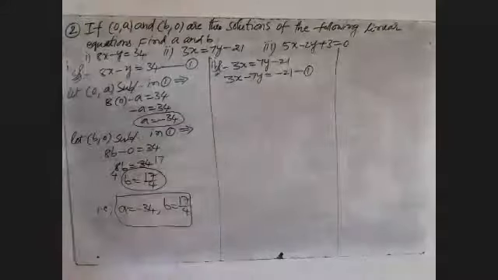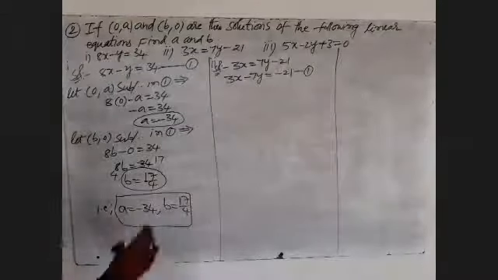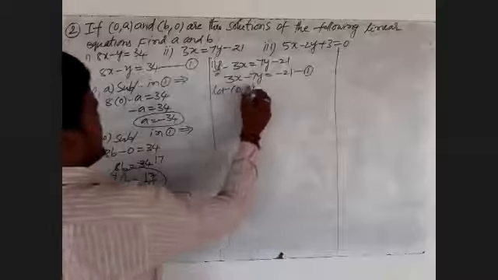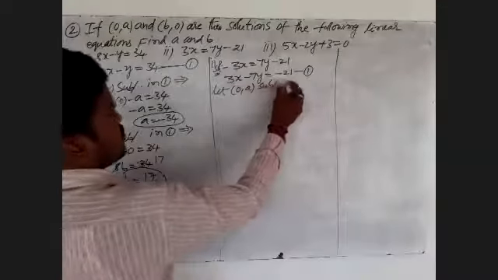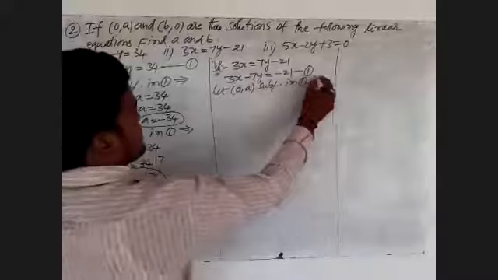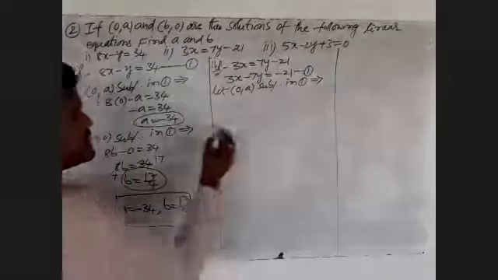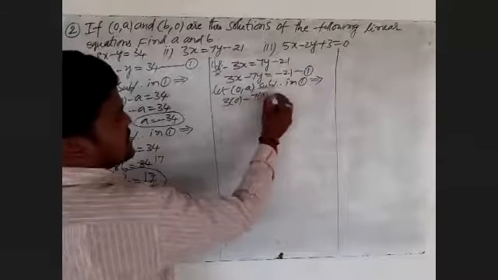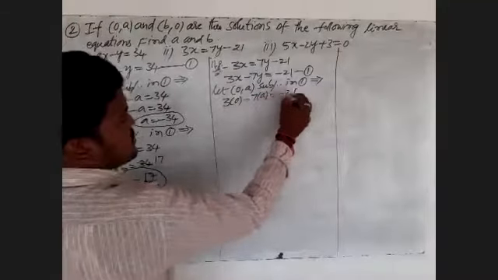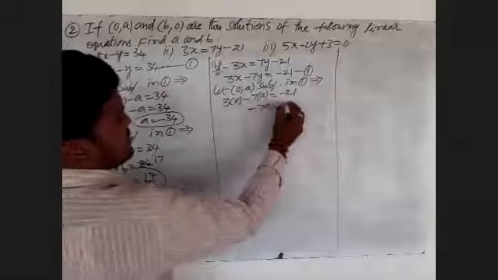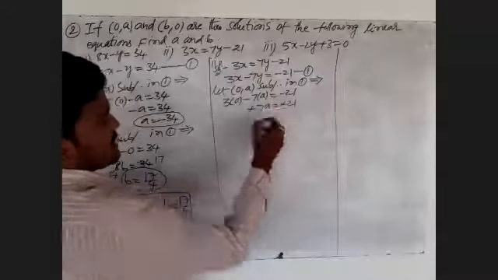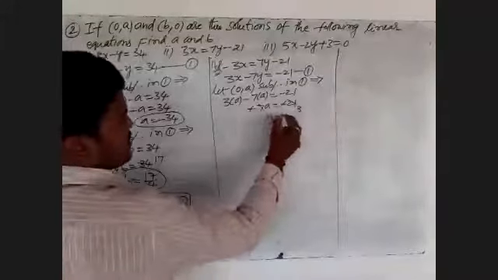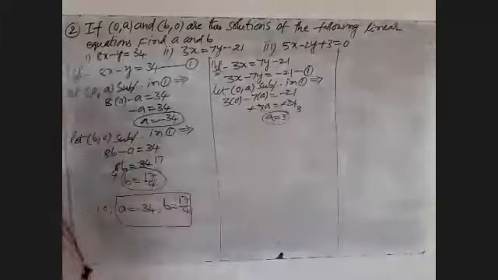First, take the point (0, a) and substitute it in 1. We write 3 into 0 minus 7 into a is equal to minus 21. Minus 7a is equal to minus 21. Minus and minus cancel. 7 times 3 is 21, so a is equal to 3.